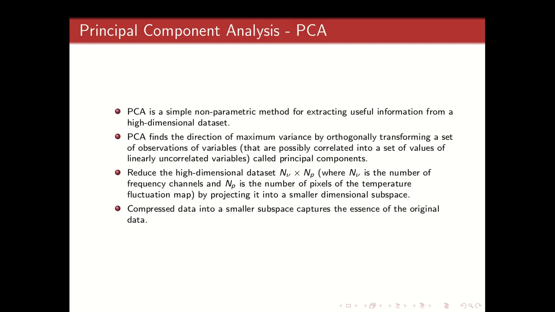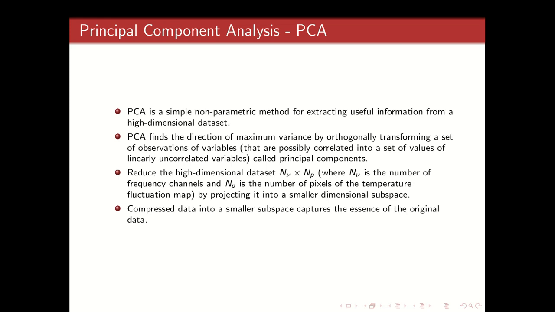Our interest is to apply PCA, which is a simple and non-parametric method for extracting useful information from a high-dimensional data set. This is a blind approach. PCA reduces a high-dimensional data set, in our case N_nu by N_p, where N_nu is the number of frequency channels and N_p is the number of pixels of the temperature fluctuation map, by projecting it into a smaller dimensional subspace.